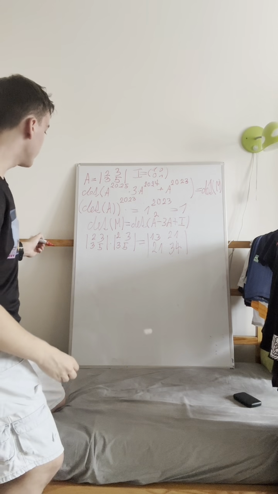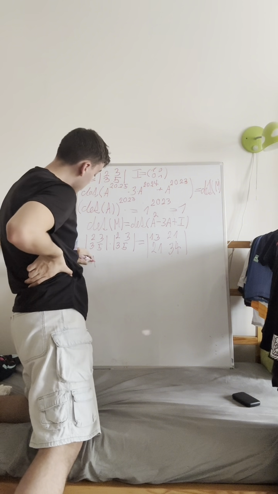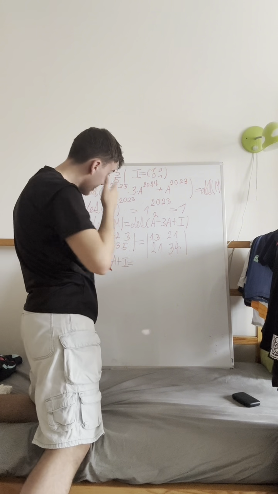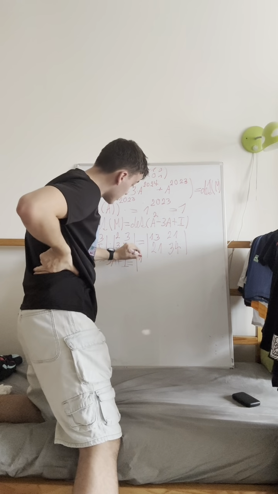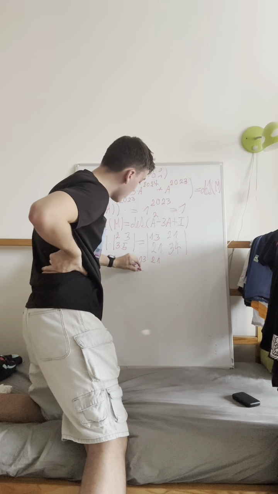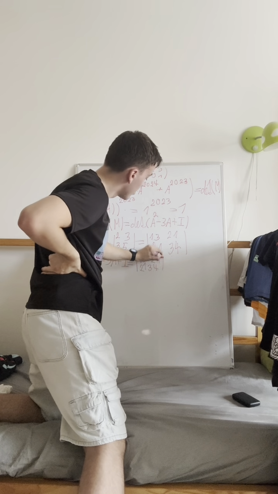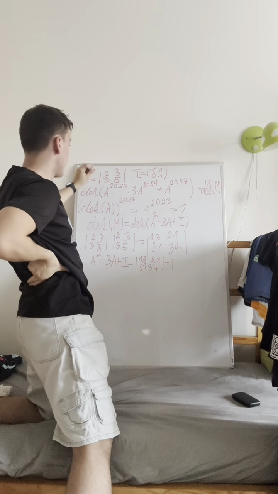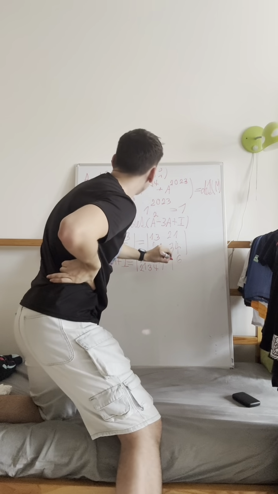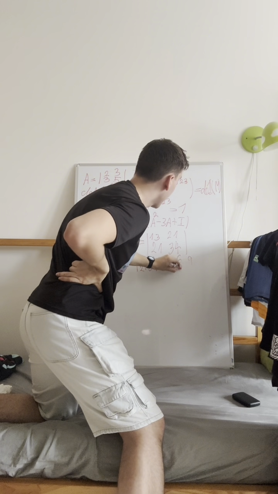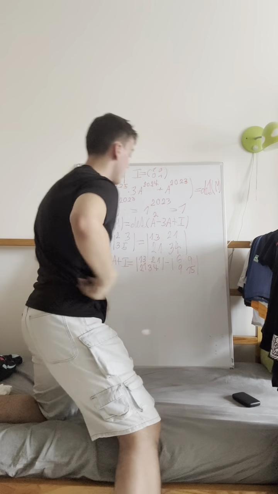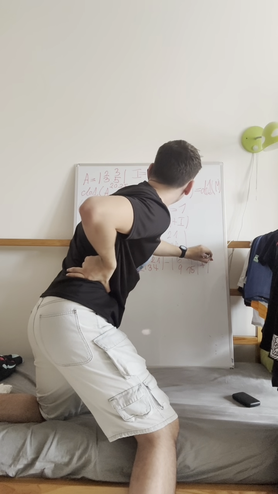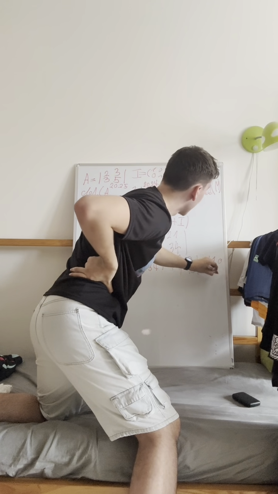Then what we are left to do is calculate A squared minus 3A plus I. You can write this out as 13, 21, 21, 34 minus 3 times this matrix. We just multiply each member of the matrix by 3, which gives 6, 9, 9, 15, and then the identity matrix is 1, 0, 0, 1.